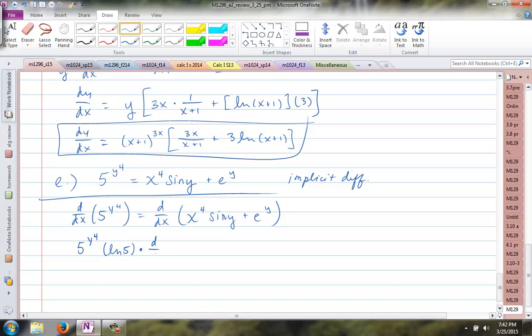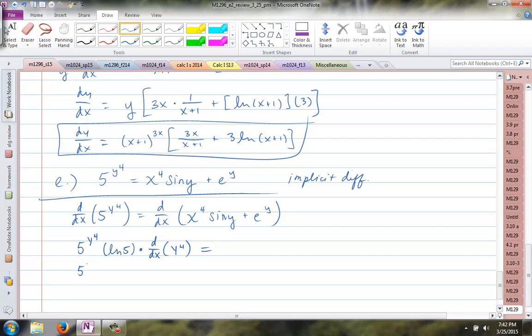And then I'm going to write this out again so that you can see the process. Then what we need to do is multiply this by the derivative of y to the 4th, or the inner function. So that is the left-hand side. Let's keep going with that, and we'll write in some stuff on the right in a bit.